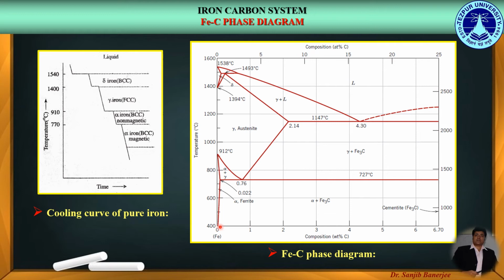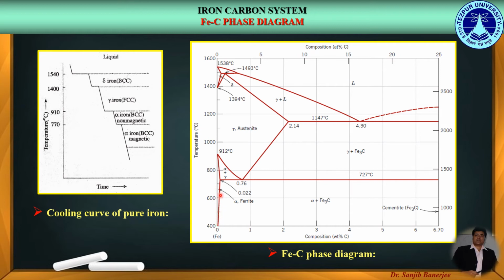For example, in the cooling curve of pure iron, below 910 degrees centigrade, we get the alpha iron showing BCC crystal structure. So, when carbon forms the interstitial solid solution with alpha iron, we get the ferrite phase in the iron carbon phase diagram.